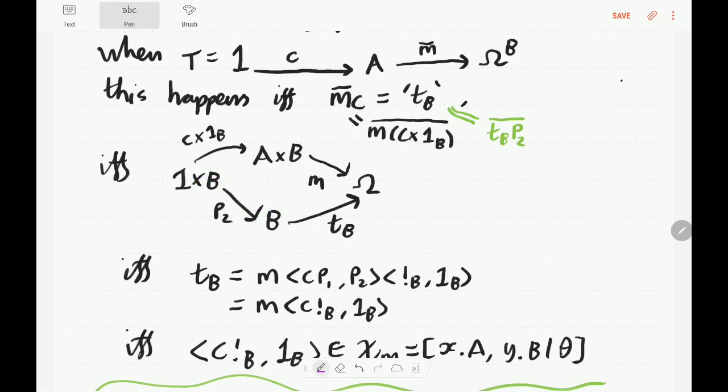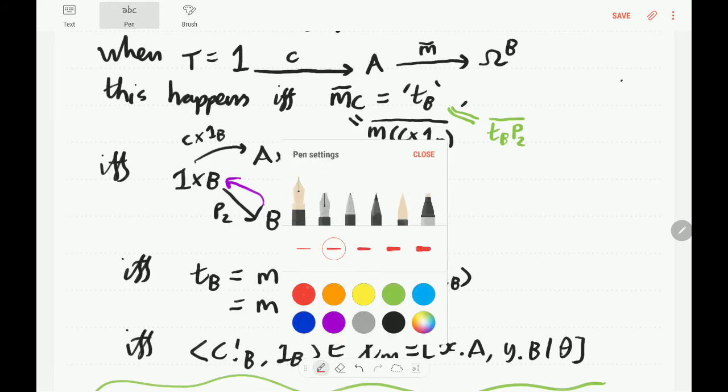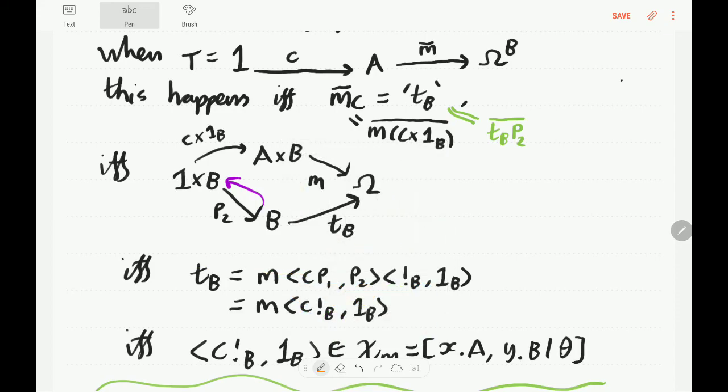Its inverse is exclamation mark B comma 1B, so we can put that in here. And then we can go this way around the diagram, so we get that this is equivalent to saying that TB is equal to M after C P1 comma P2 after exclamation mark B comma 1B, and that's equal to TB.